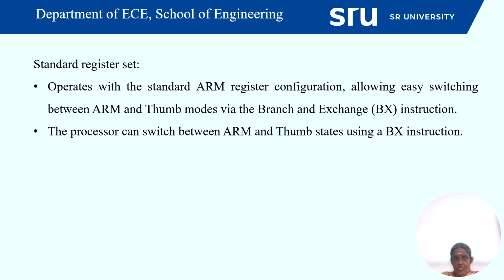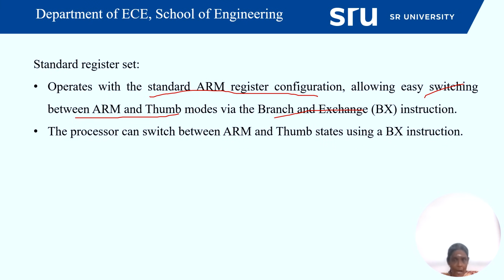And standard register setup. So in this case, what are the registers available in the architecture? It operates with the standard ARM register configuration, allowing easy switching between ARM and Thumb modes via branch and exchange, that is the BX instruction. So decompression in the input side, compression in the output side.